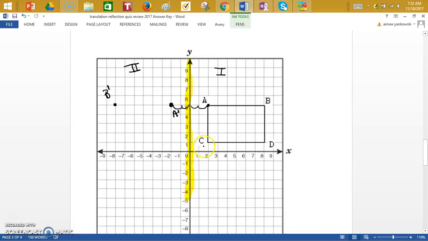Then they say C. C is 2 to the right. C prime will be 2 to the left. They label that C prime. And D. D is 8 to the right. So D prime is going to be 8 to the left. And they label that D prime. Then they use a straight edge and connect things back up.